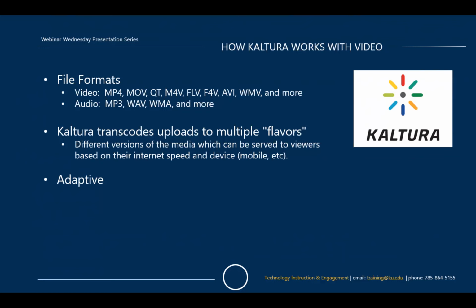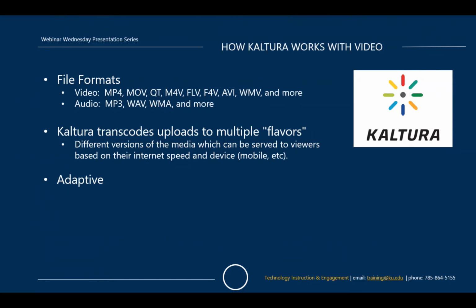What's kind of cool is when you upload a video to Kaltura, it's not just that file that sits there. It transcodes. I think right now we have 8 flavors that are transcoded for every video upload, which is basically copies of that video that are different size, different quality, different file formats that intentionally have those variables because of who they will be delivering to. For instance, if I have a really high-speed connection, I'm going to get the best version of that video.